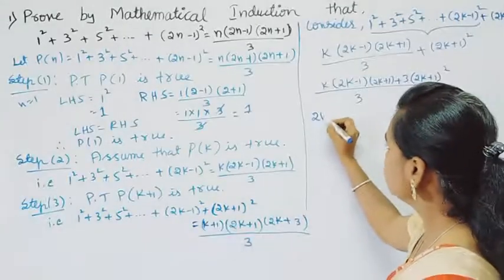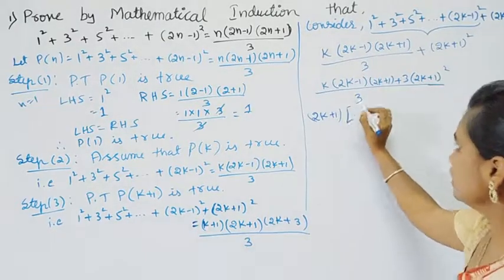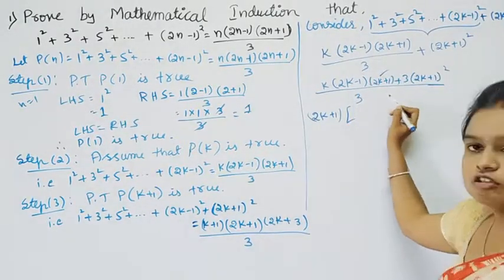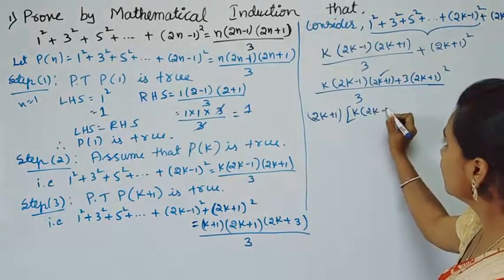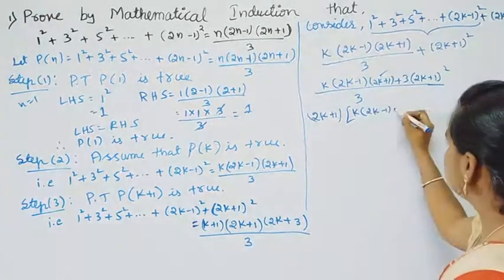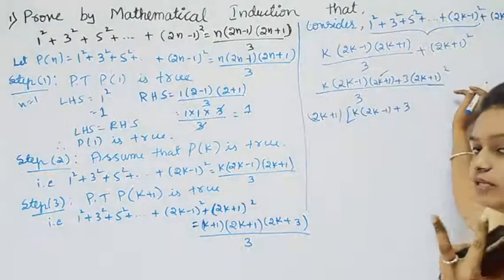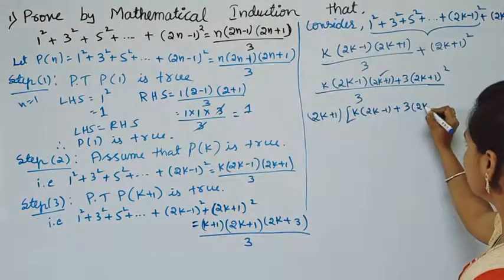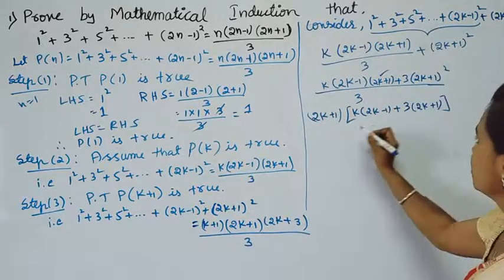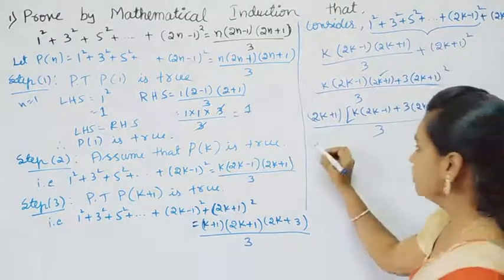So take 2k plus 1 as the common factor. What are the remaining terms? Remaining is k into (2k minus 1), plus here we have 3 (2k plus 1) whole square. There were two terms; one term we take as common factor. So the remaining is (2k plus 1) whole divided by 3.